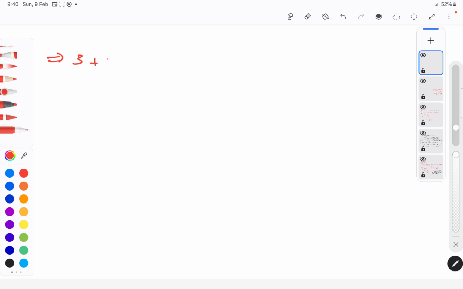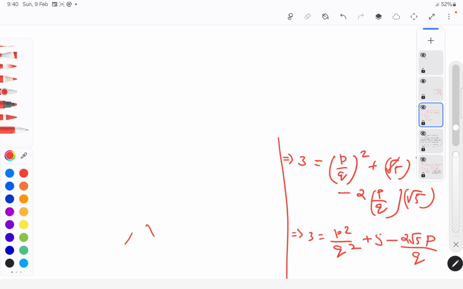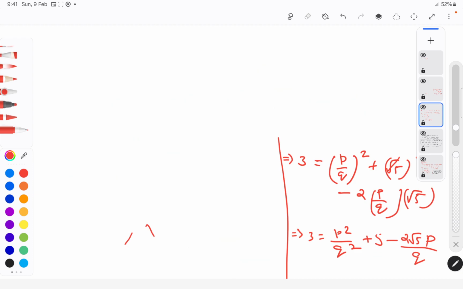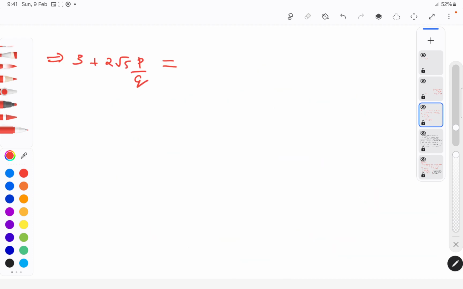So, minus will become plus 2 root 5 P by Q. Okay, this was on the left side. Now on the right side, P square by Q square plus 5 should be there, right?